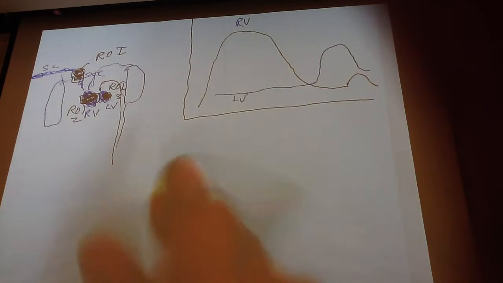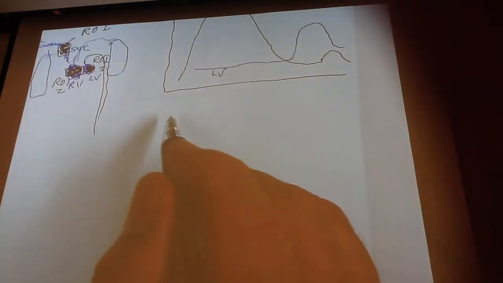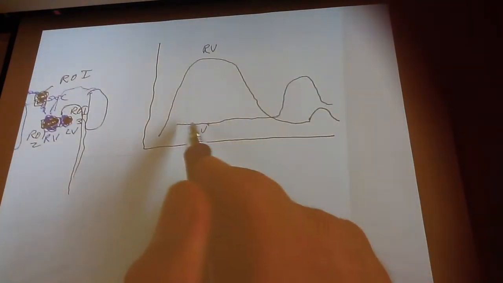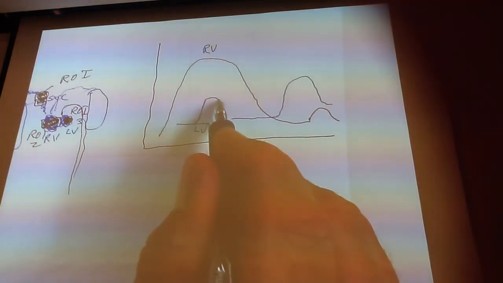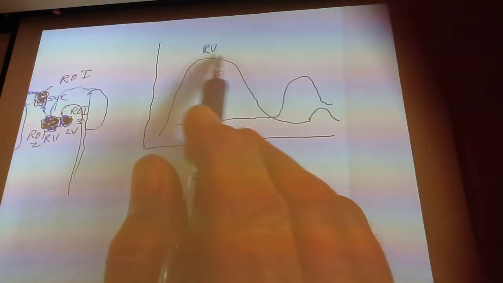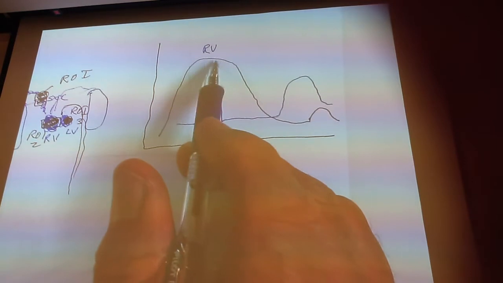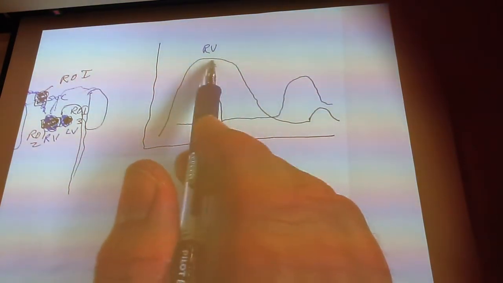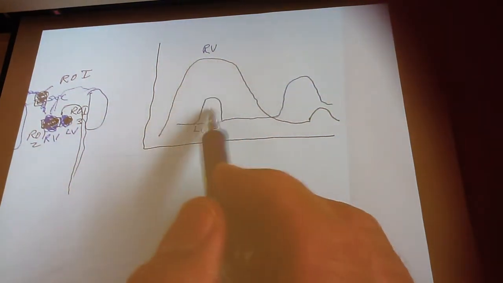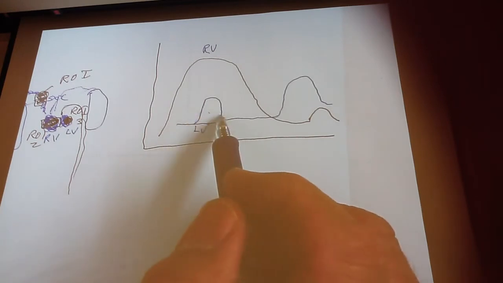If I happen to see a shunt, for example a rise in activity in the left ventricle at the same time that the activity is being pumped out of the right ventricle, that means activity is being pumped through the shunt into the other ventricle.